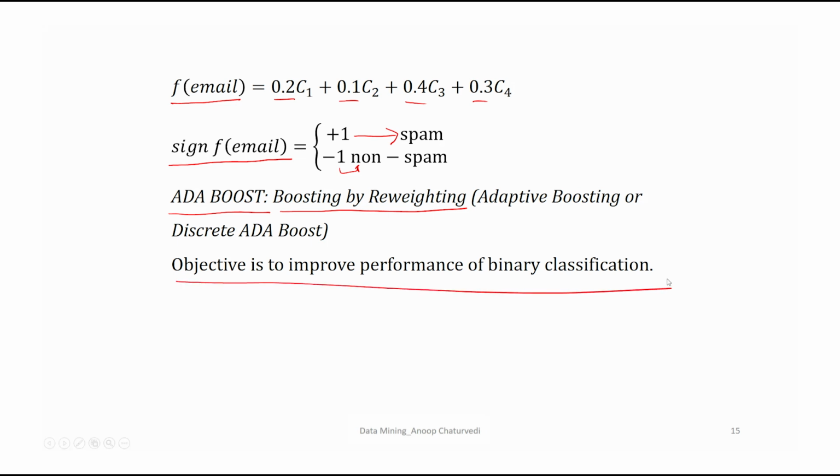If we classify an email just on the basis of one word, then it is a very weak classifier. But if by using the training data set and boosting, we obtain these weights and combine all these weak classifiers, then it improves the performance of these binary classification rules.